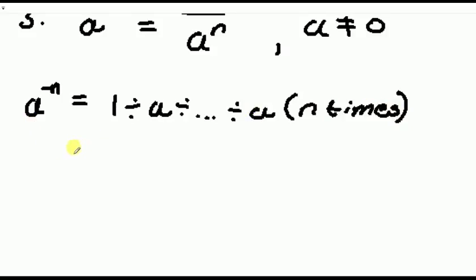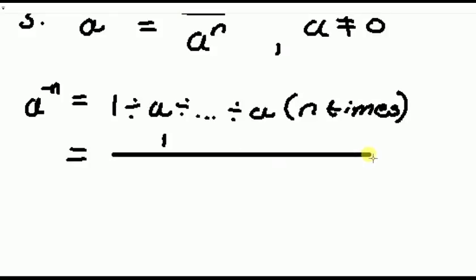This will give us that 1 is divided by 1 multiplied by a multiplied by a multiplied by a, multiplied n times.